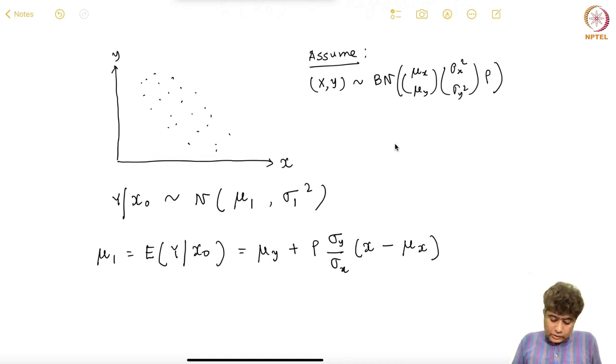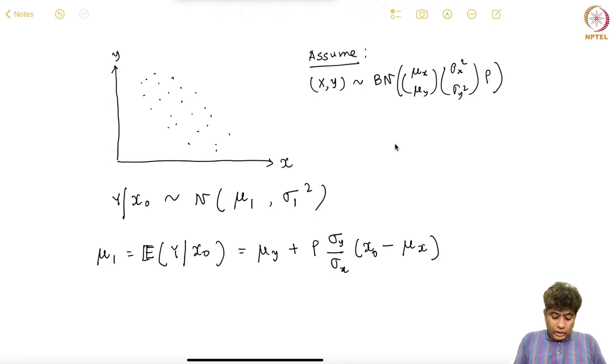So it turns out that the conditional expectation of y given x naught is a regression line. Why am I calling it a regression line?